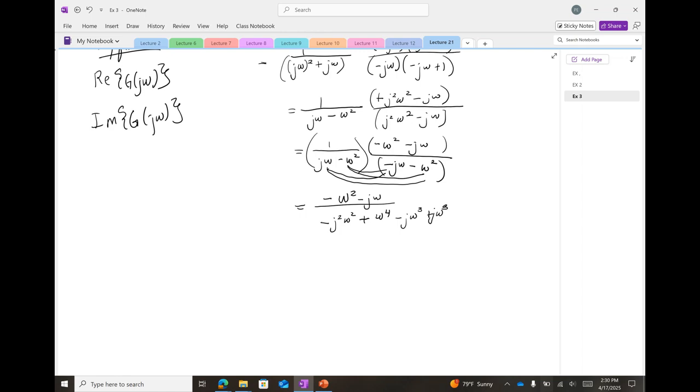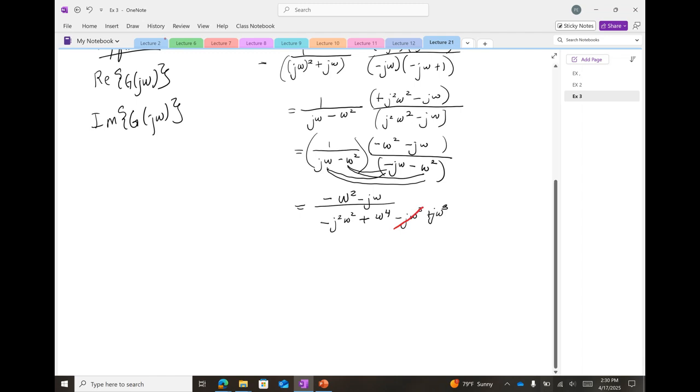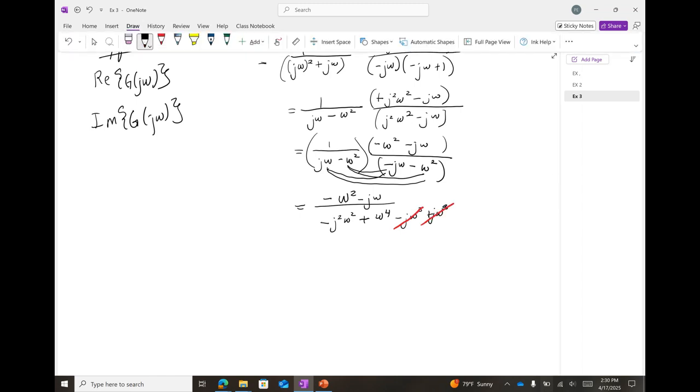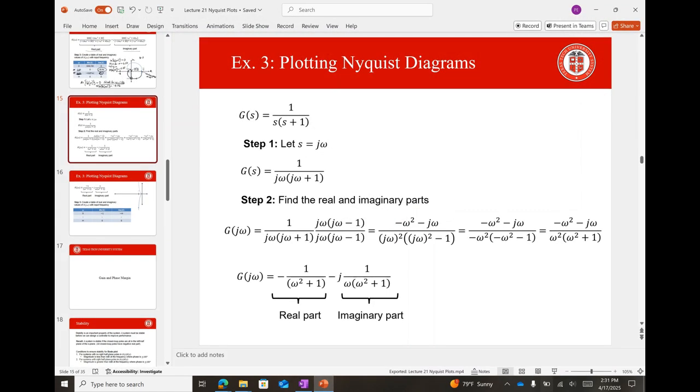Okay, so hopefully you see that when we multiply by the complex conjugate, the imaginary parts cancel. So that's why we're multiplying by this complex conjugate. Okay, so this is what we are left with in the end. So minus j squared is actually going to be plus omega squared plus omega to the 4th. Okay, let's just double check that.